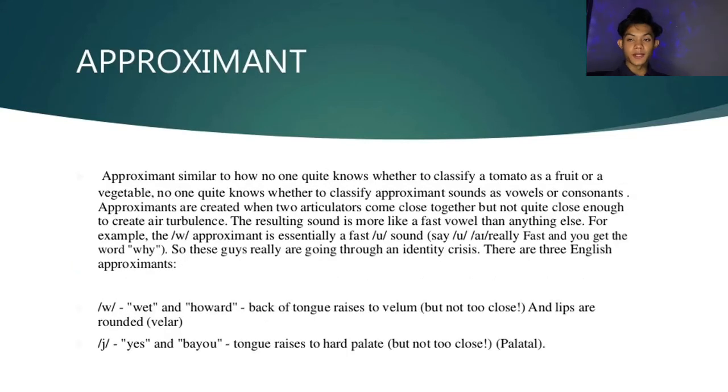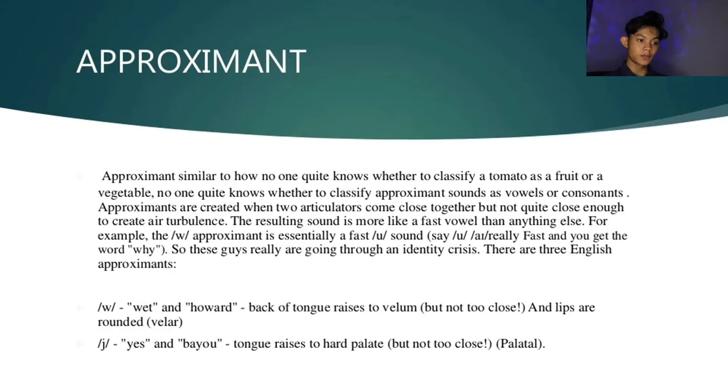The other type of manner of articulation is approximant. Approximants are similar to how no one quite knows whether to classify a tomato as a fruit or a vegetable. No one quite knows whether to classify approximant sounds as vowels or consonants.